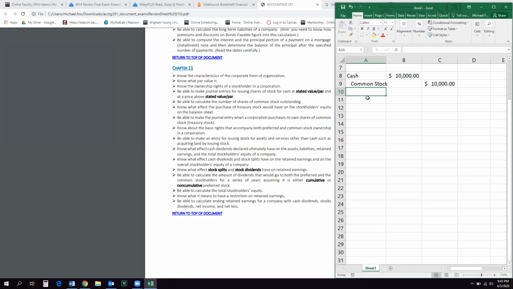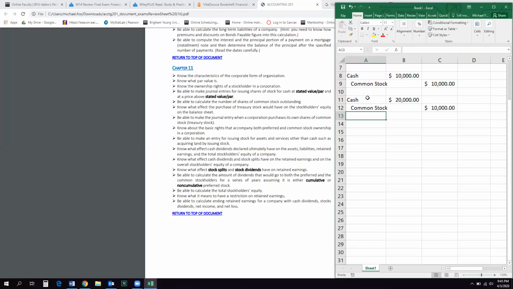But if we issue 10,000 shares of $1 par stock, or $1 stated value stock, for $2, then our cash will go up by 20,000. Our common stock's still only going to go up by 10,000, because we always record it at the par value.